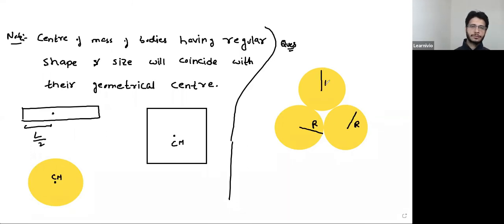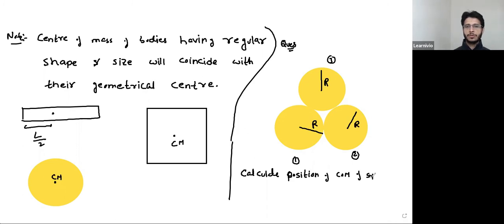This is sphere number 1, sphere number 2, and sphere number 3. I'm asking you to calculate the position of the center of mass of this system of spheres.